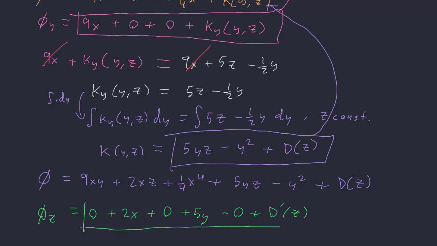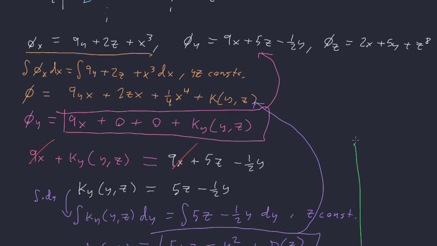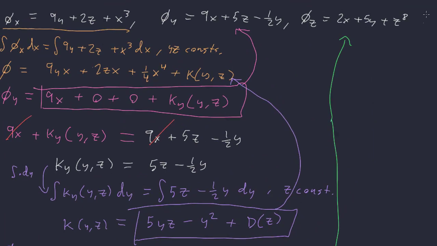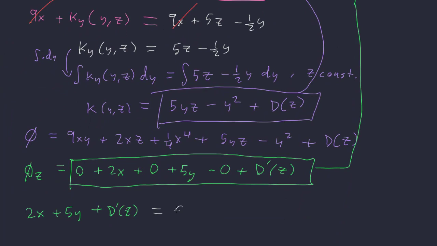All right, so what we're going to do is take this and compare it up here to our other phi sub z. Okay, so what we have is that 2x plus 5y plus d prime of z needs to equal this guy, 2x plus 5y plus z to the 8th.